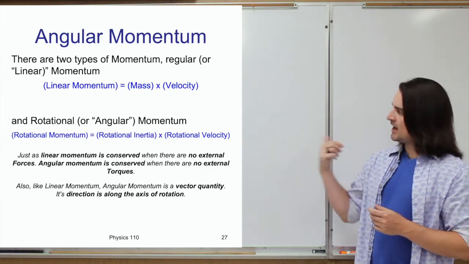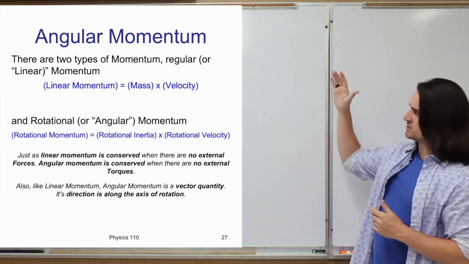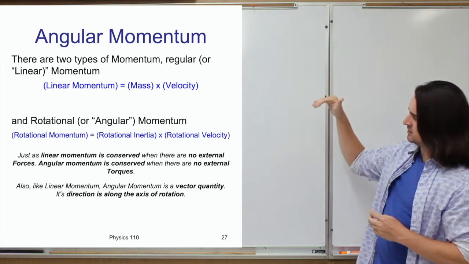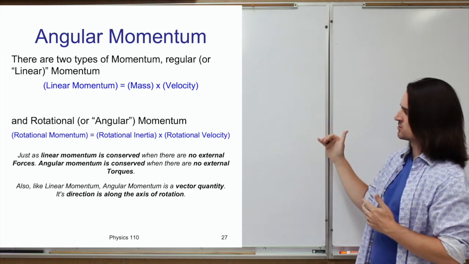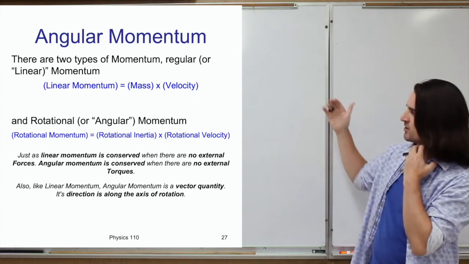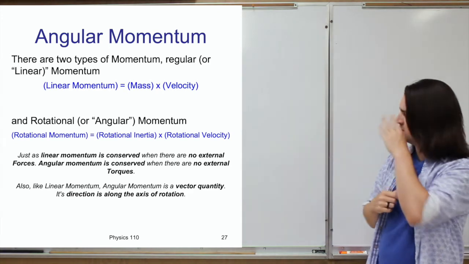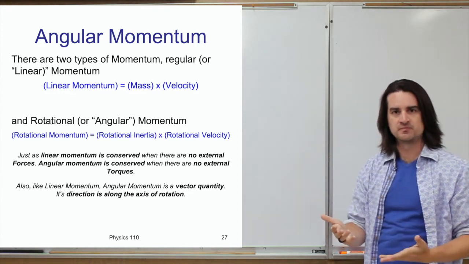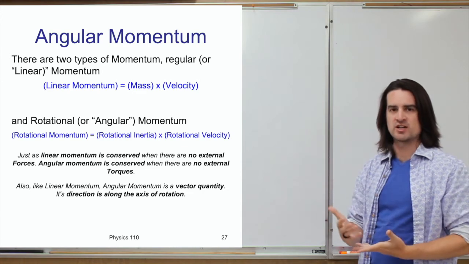The angular momentum of an object is very similar to momentum in that it's the object's rotational velocity, not just its regular velocity, but its rotational velocity, multiplied by the object's rotational inertia. So how difficult is that object to rotate?